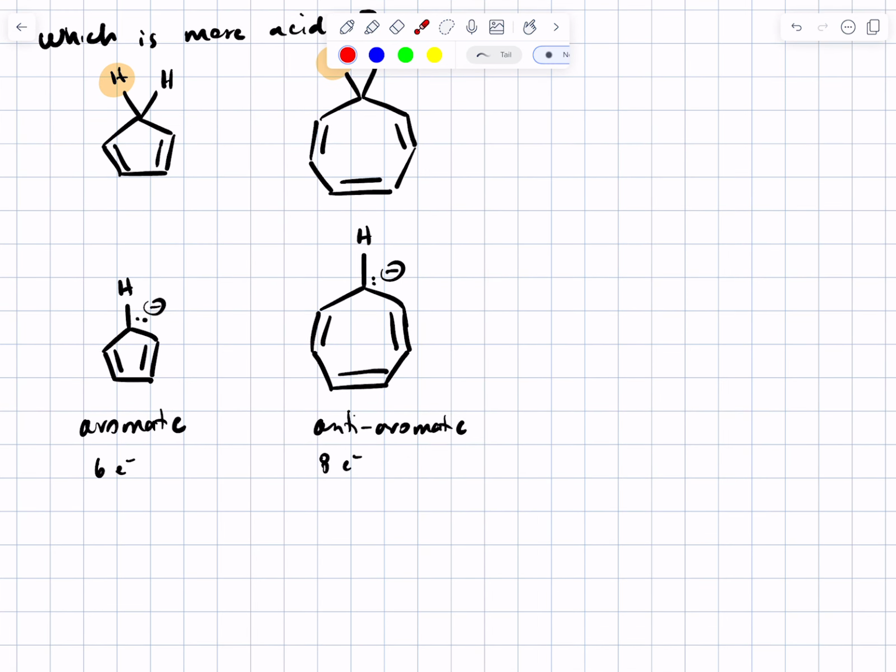Which conjugate base is more stable? The aromatic one, right? That's what aromaticity means. So the more stable conjugate base has the more acidic, more reactive acid. Okay? Cyclopentadienyl anion is quite stable.